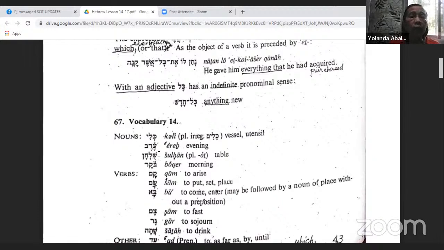Then we have the word shulchan. Shin, kubbutz, that is U, lamed, and then the sheva, then chet with qamets, and the final nun. So this is shulchan. Shulchan means table. The plural of shulchan is shulchanot, tables.